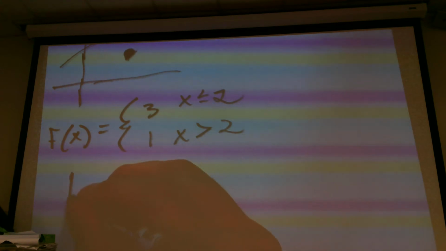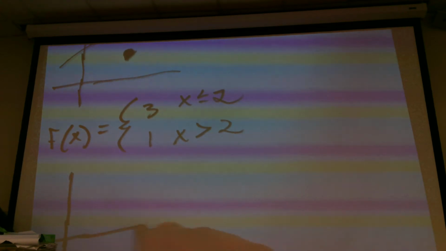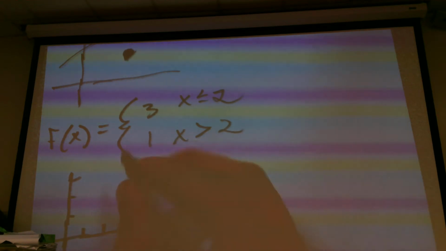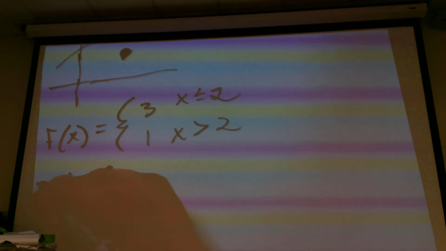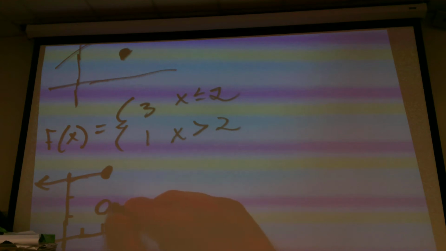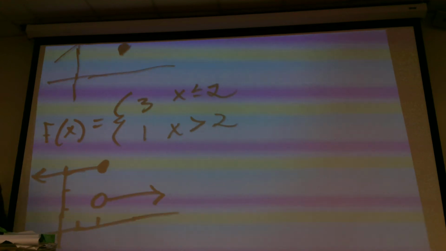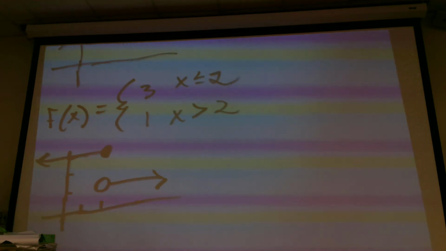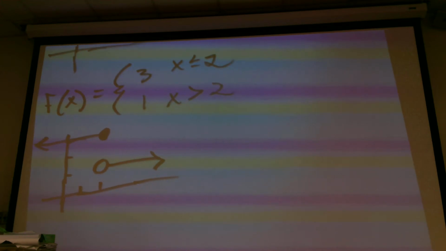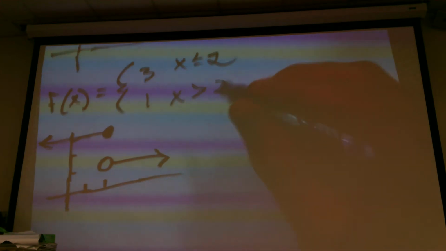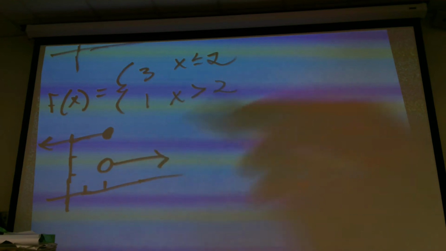Okay, so now a problem like this, 1 and 2, 1, 2, and 3, and so I put a solid dot right there, and I have this guy extending off to that direction right there, and an open dot right there, and have that extending off in the opposite direction. Okay, this type of discontinuity is a jump.